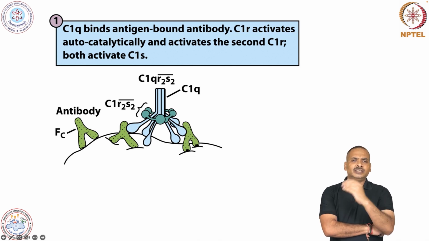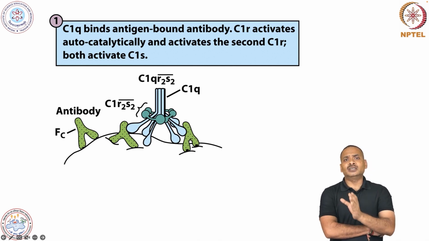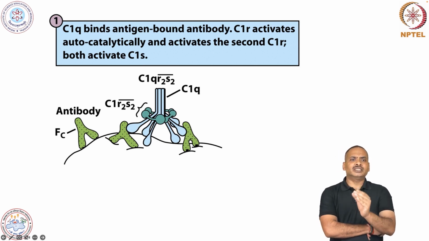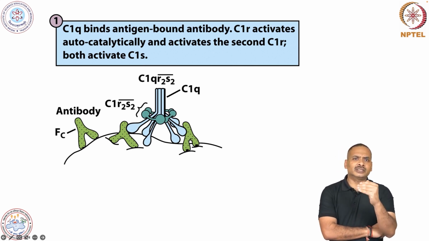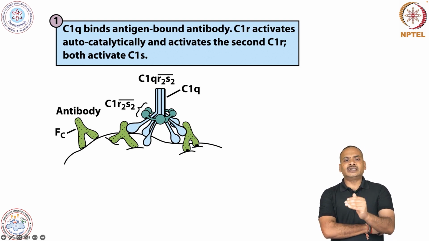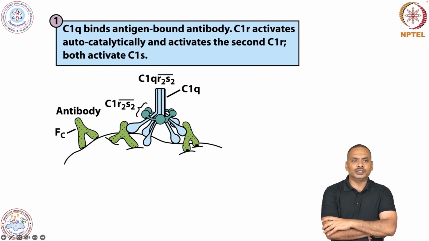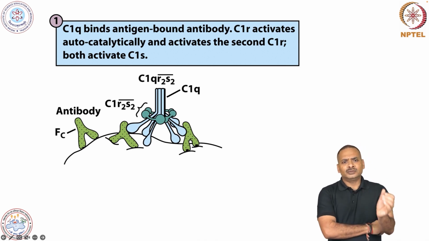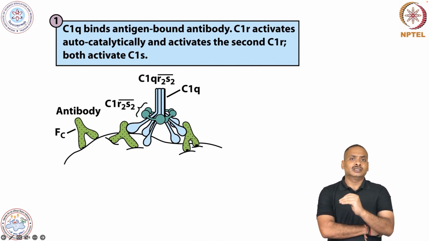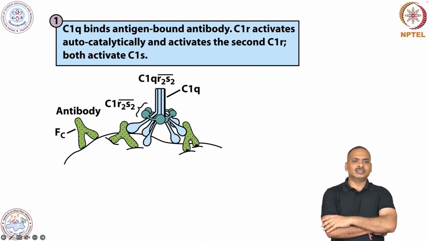When it is binding, then C1R gets activated, and once it is activated, there will be an autocatalytic activity, and this autocatalytic activity basically activates the second C1R molecule, and eventually both activate the C1S component of the C1 complex. Here you can see there is a very good schematic.